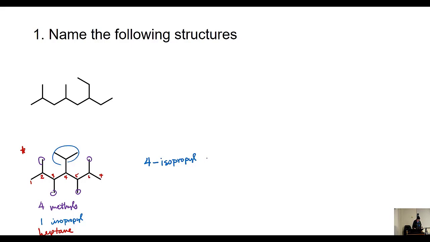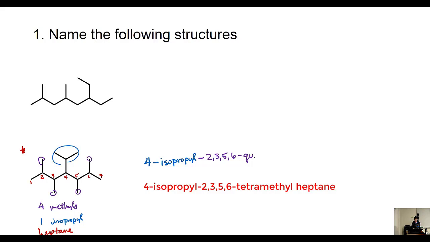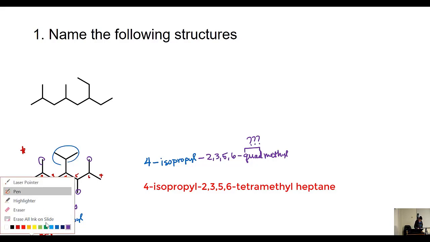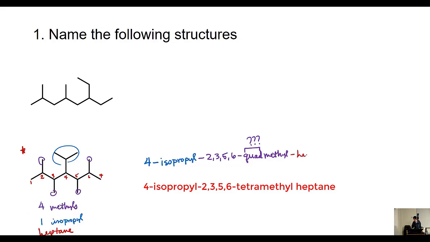We're going to say it's 2, 3, 5, 6, quad methyl, even though I'm not quite sure. Maybe I should Google it. I'm going to put quad, but with a big question mark. Something tells me I should have Googled this before I did it. So that wasn't as bad as I thought it was.